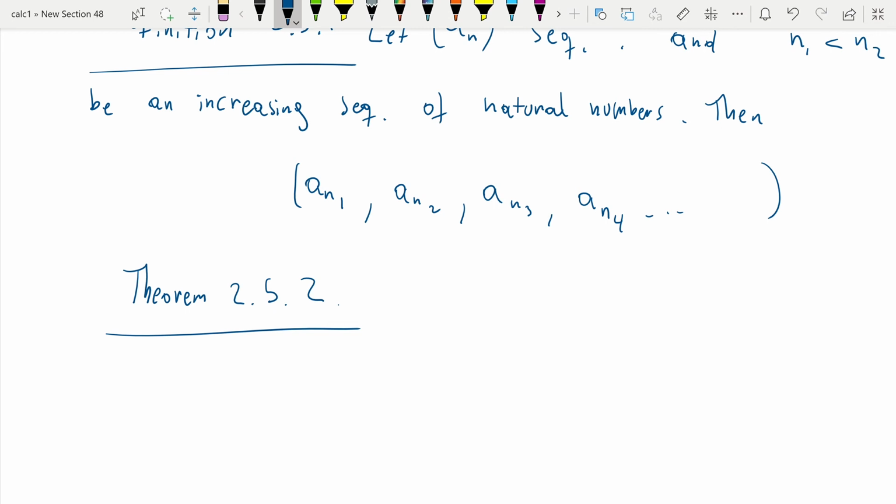So for instance, if you have a convergent sequence, then any subsequence must converge to the same limit as the original sequence. You cannot have subsequences converging to a different limit than the original sequence.